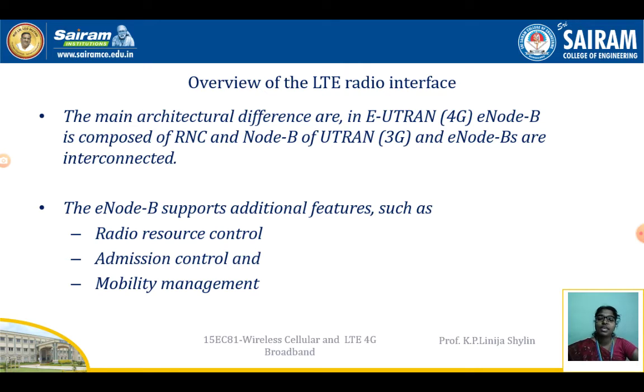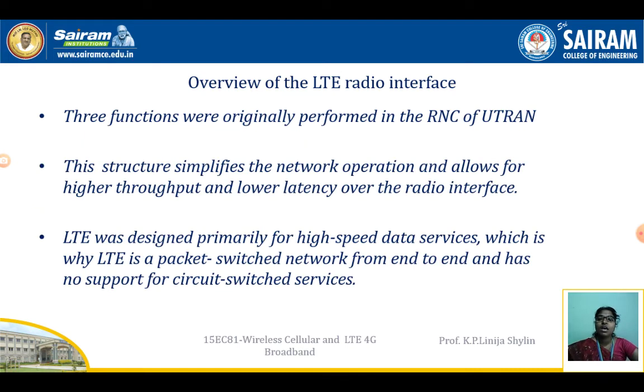The E Node B supports additional features such as radio resource control, admission control, and mobility management. These three functions were originally performed in the RNC of UTRAN. This structure simplifies the network operation and allows for higher throughput and lower latency over the radio interface.